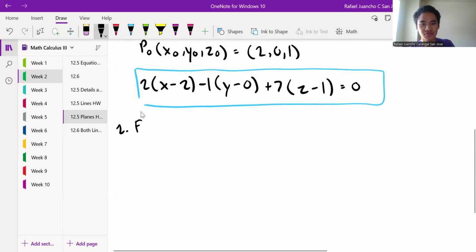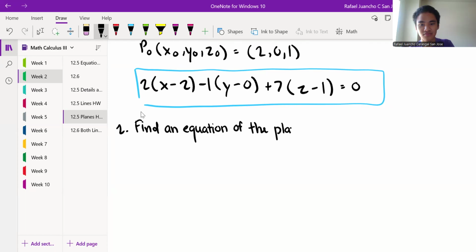Another find an equation of a plane. And how does this work?